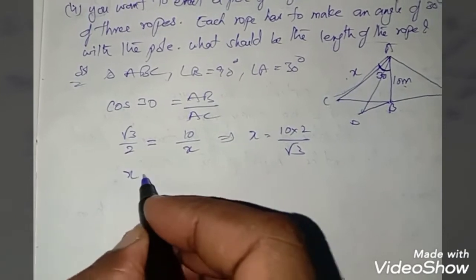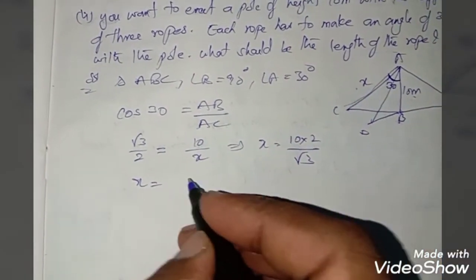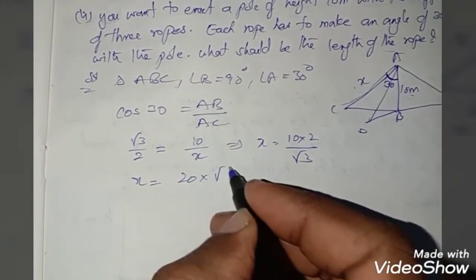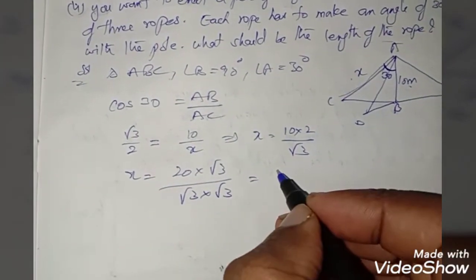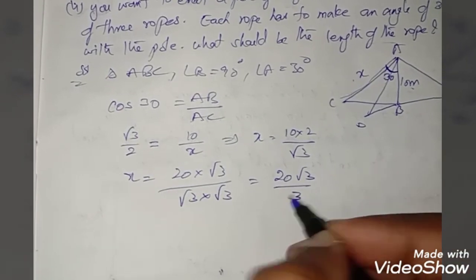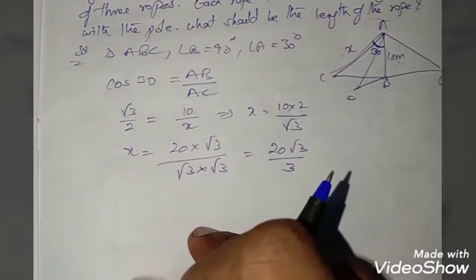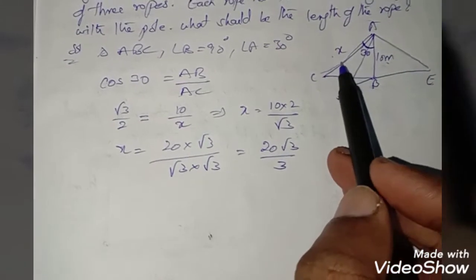Now if I cross multiply, so x is equal to 10 into 2 by root 3. Now rationalize, so you will get here 20 into root 3 by root 3 into root 3. So we will get 20 root 3 by 3, right? So after getting the value of x, we need to find the length of 3 ropes.